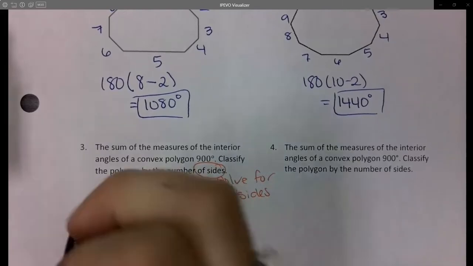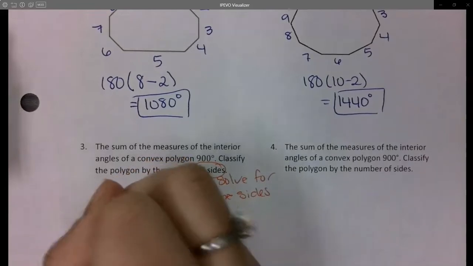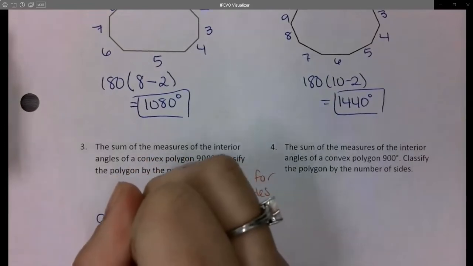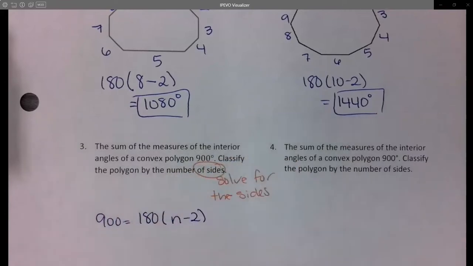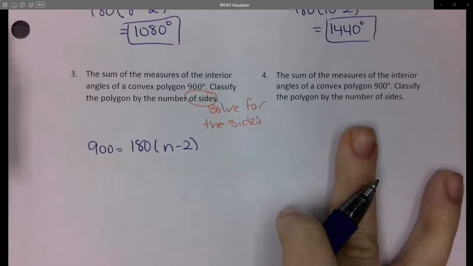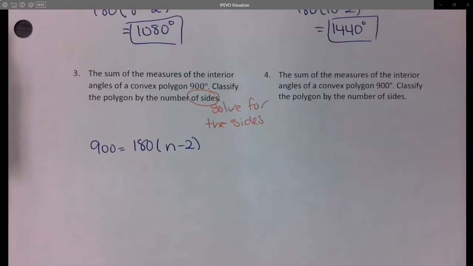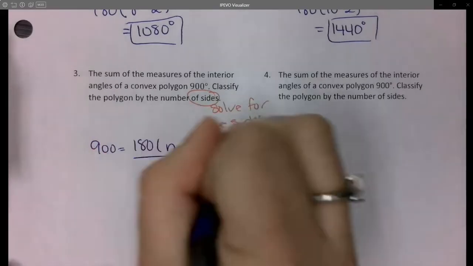I'm going to do 900 equals 180, parentheses, n minus 2, because I don't know my total number of sides for this problem. Then I want to divide both sides by 180.